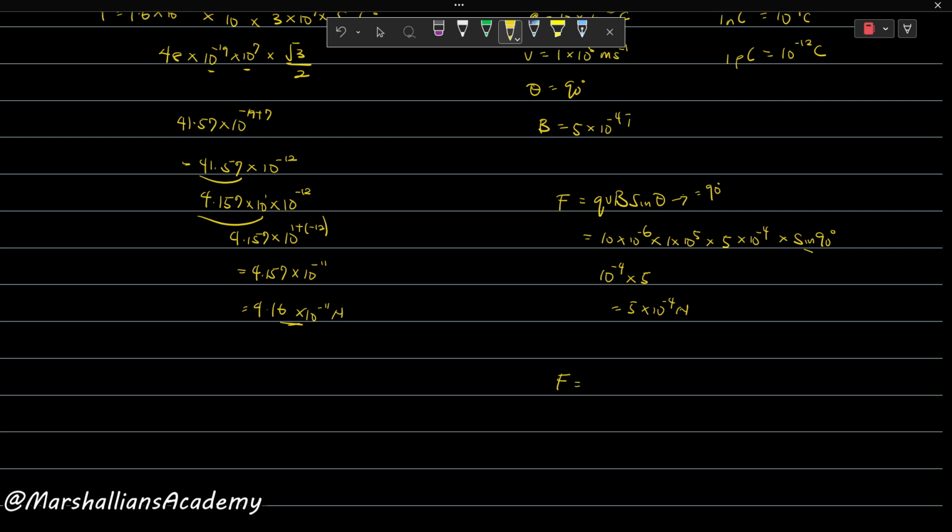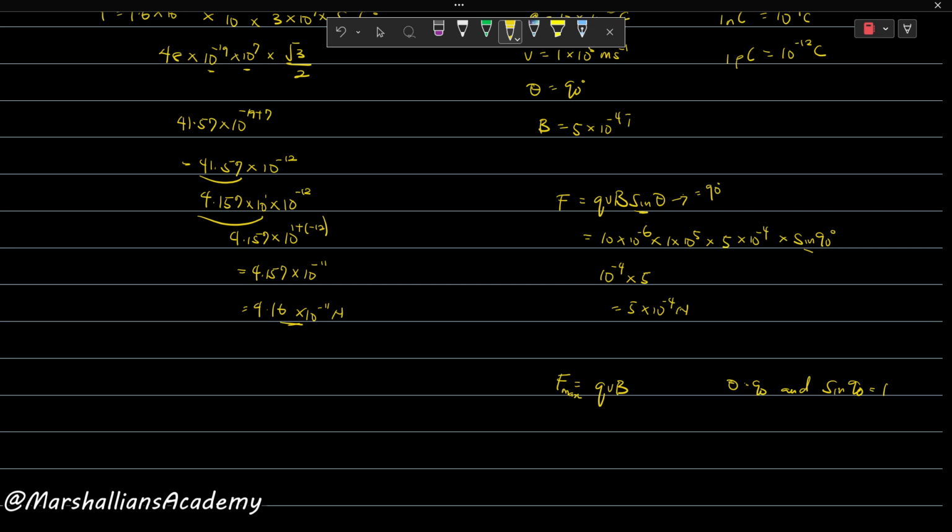So the maximum is when sine theta is equal to 1. Therefore theta has to be 90. Are we together? So the maximum Lorentz force a point charge can experience, F max, is QVB, because theta is equal to 90 and sine 90 equals 1.